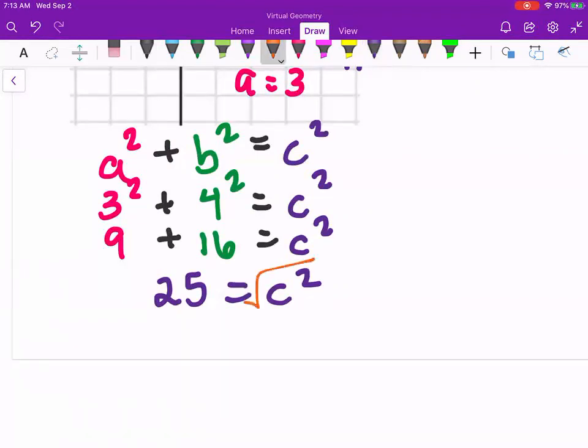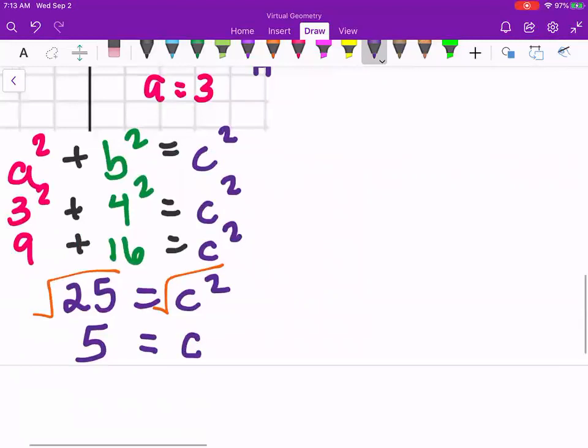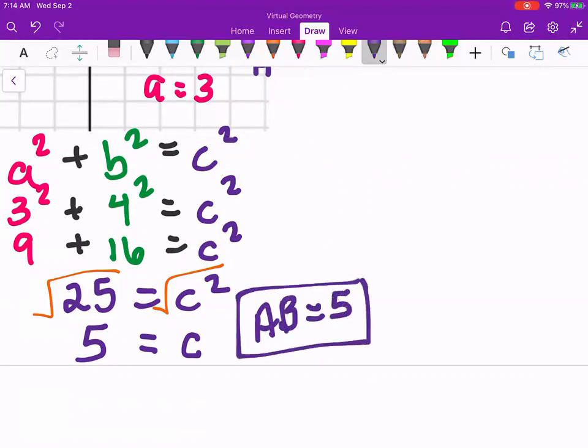I need to square root both sides of this equation in order to figure out what my C is. So right now, my C is the square root of 25, which means what number multiplied by itself gives me 25, and that answer is a 5. So when I go back to my segment, the length of AB is 5.